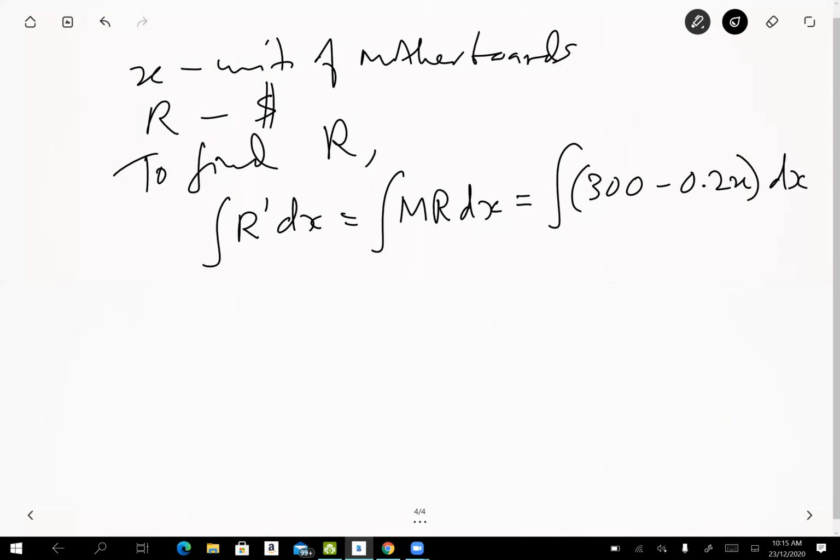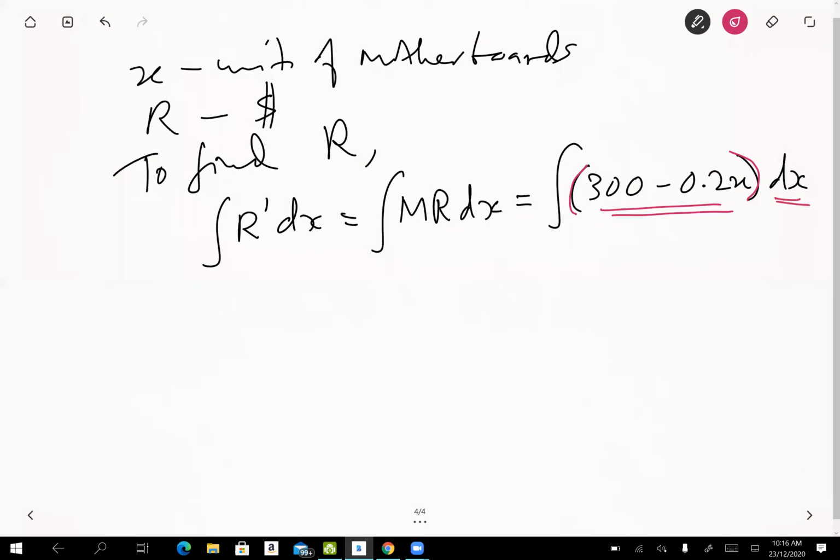Here, I would like to remind you of a minor mistake people tend to make. When you are given a function, 300 minus 0.2x, this is the function that you want to integrate. So you have to put a bracket around the whole function to indicate that we are integrating the function as given in the question, and then you put the dx.